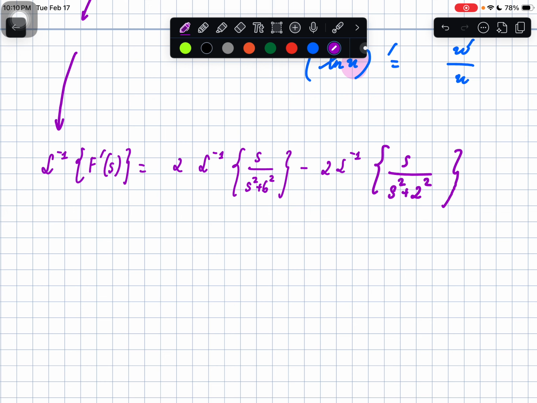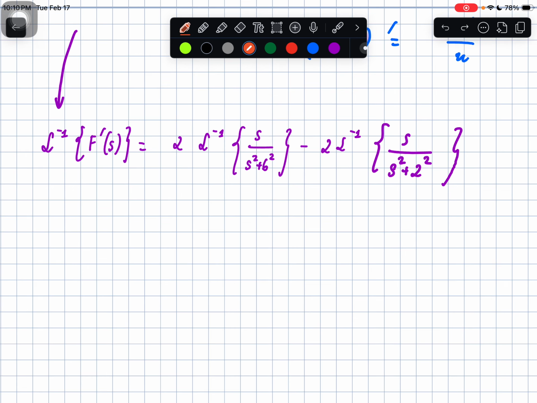So you use a table. You remember that on the Laplace transform table, the Laplace transform of cosine of kt will be s over s squared plus k squared. So we use that in this case.